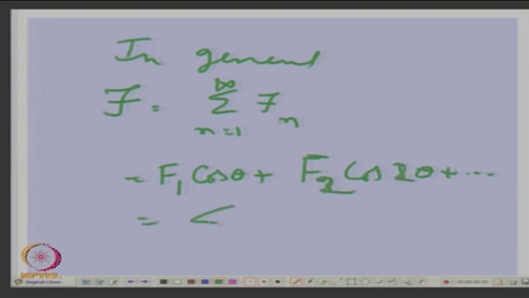So, you can say, let us say F1 cos theta plus F3 cos 3 theta, etc., or maybe even it can have F2 cos 2 theta also. So, it can be sigma Fn cos n theta, n equal to 1 to infinity. I am just writing the standard Fourier series. So, apart from the fundamental, you call all these space harmonics.